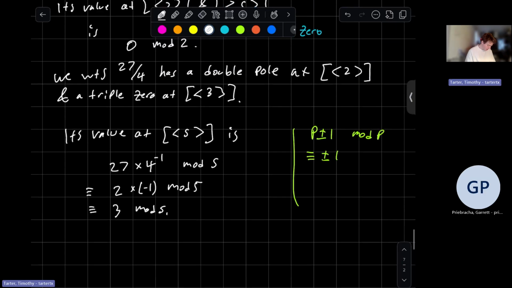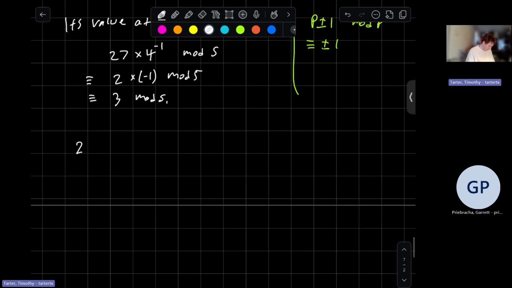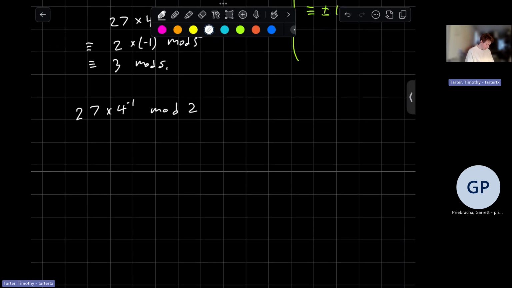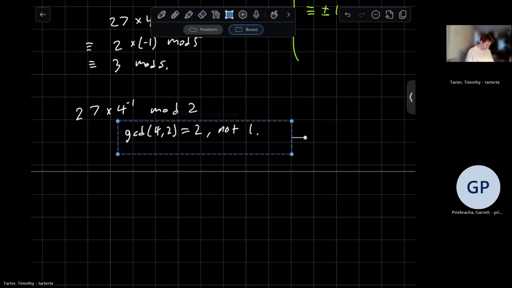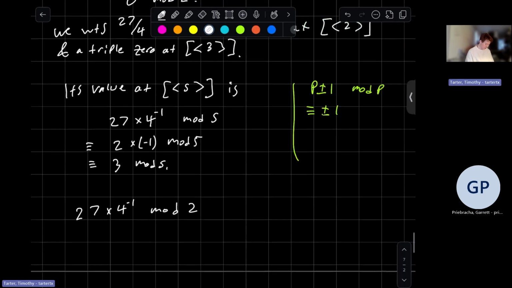So it has a double pole at 2 because when we evaluate 27 times 4 inverse mod 2, we get some weird things happening. Namely, the GCD of 4 and 2 is 2, not 1. So there's no multiplicative inverse, right?